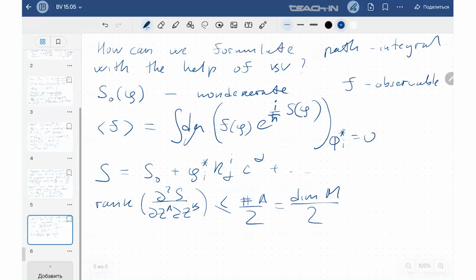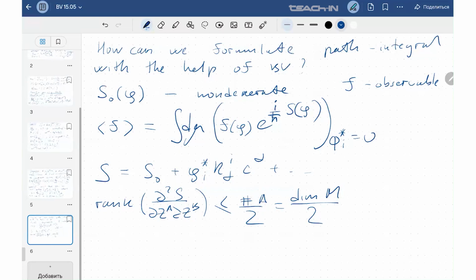So it's maximal, and our master action is proper when this rank is maximal. So this means that if we integrate our master action over a submanifold of dimension half of the total dimension, then we have a chance to get a well-defined integral.